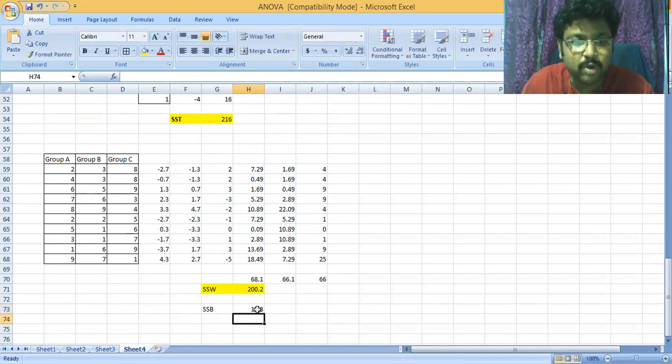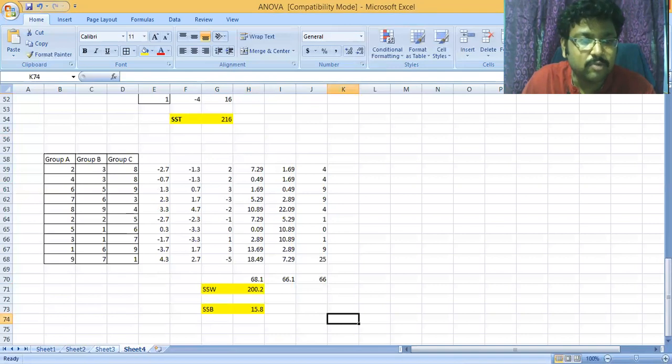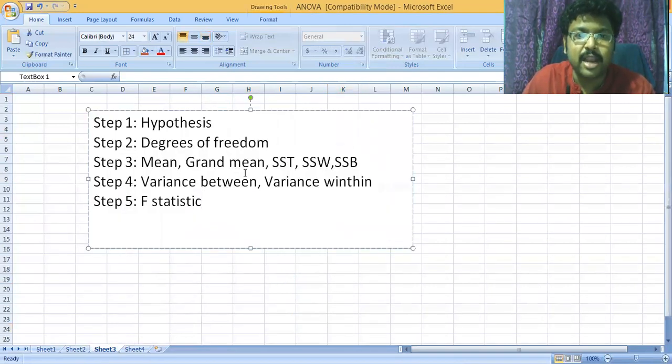Clear? So 15.8 is the sum of square between. Now if you go here, the grand mean, sum of square total, sum of square within, and sum of square between, we have calculated all these terms in step 3.